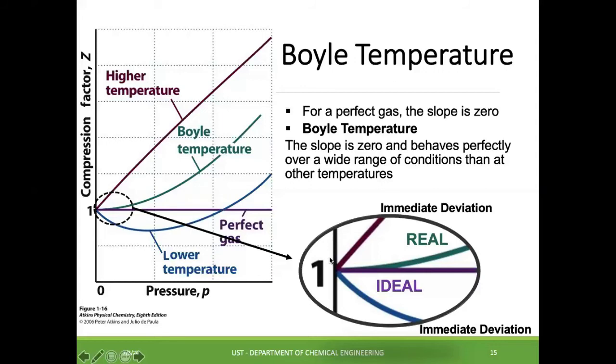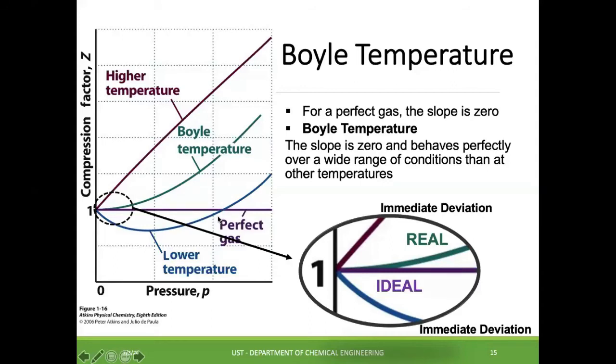So as I mentioned, Z is also dependent on temperature. So at a certain temperature, like Boyle temperature, Z is equal to 1 over a range of pressure. So below, take note, below Boyle temperature, Z is decreasing as pressure increases.